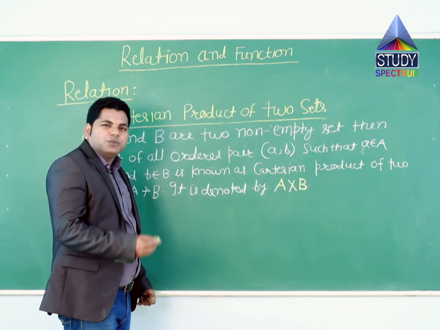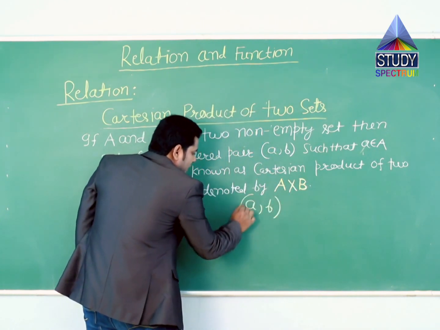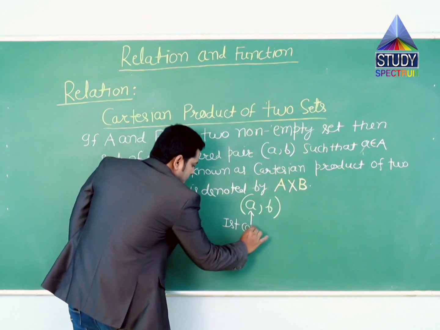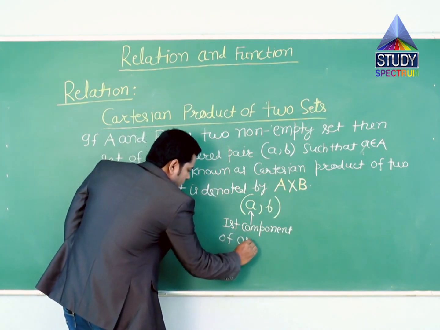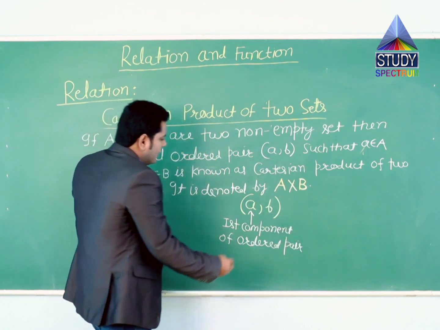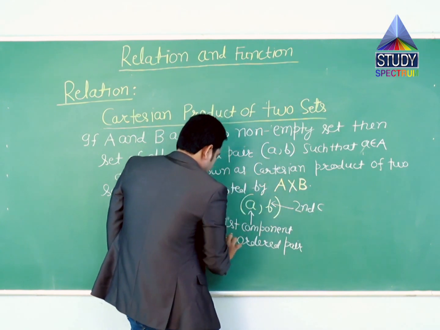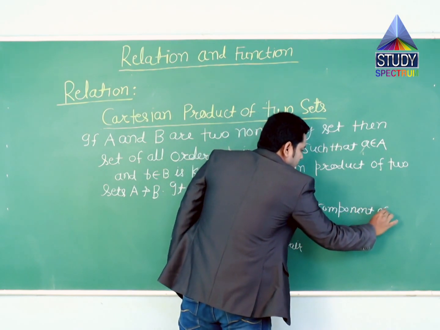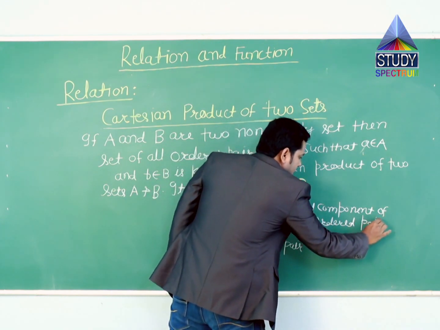One thing you have to know about this ordered pair: if (a, b) is the ordered pair, then a is known as the first component of the ordered pair, and b is known as the second component of the ordered pair.